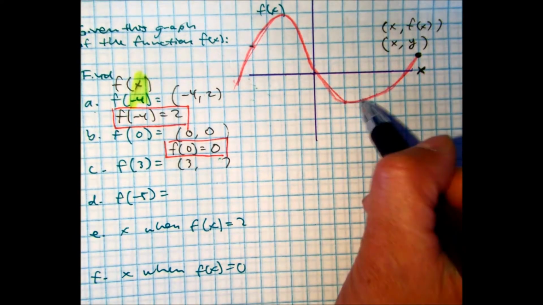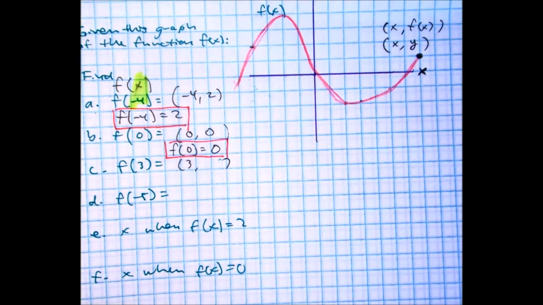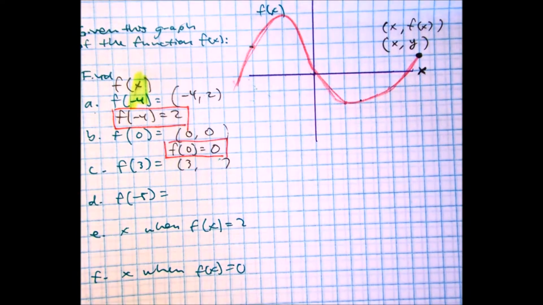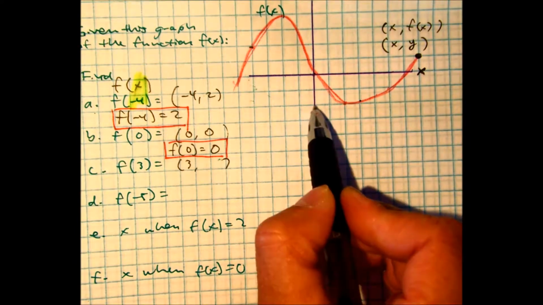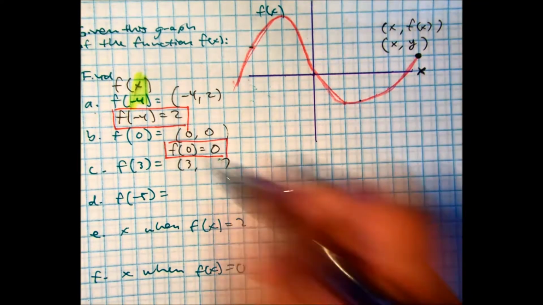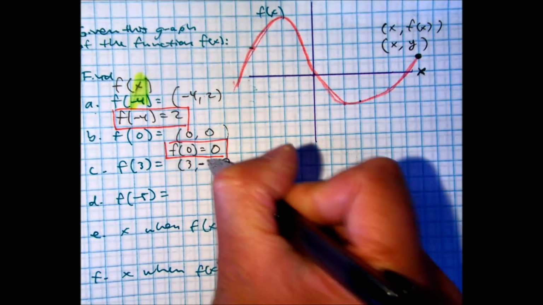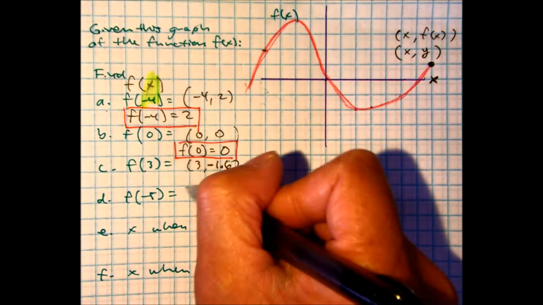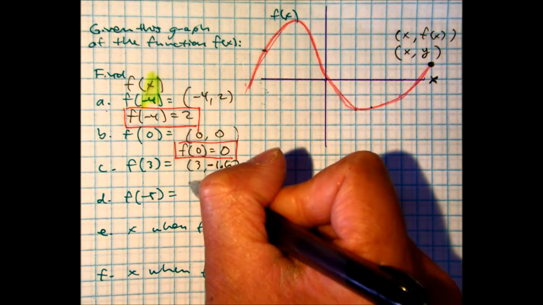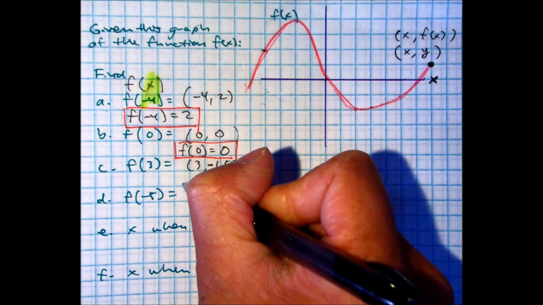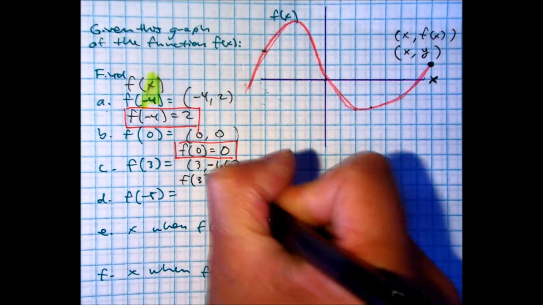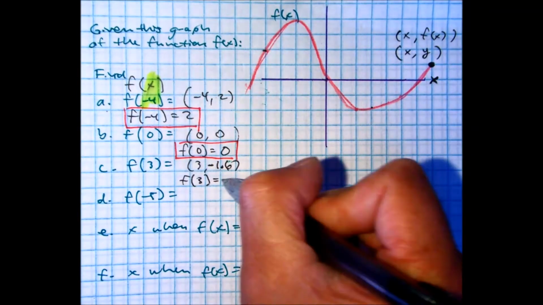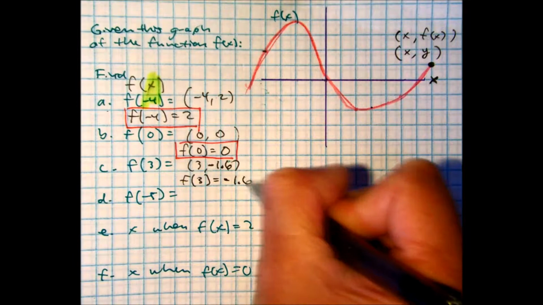What would you guys guess that to be? Well, here's negative 2. Someone said negative what? 1.6? So in function notation, how do I write that as an ordered pair? f of 3 equals negative 1.6.